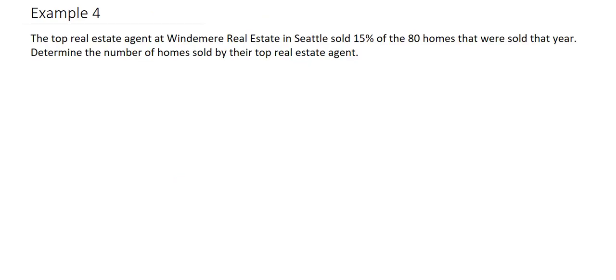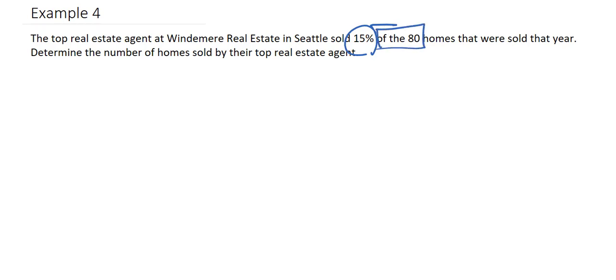Now, let's look at the fourth example. Example 4. The top real estate agent at Windermere Real Estate in Seattle sold 15% of the 80 homes that were sold that year. Let's determine the number of homes sold by the top real estate agent. Notice we have a percentage this time, and we do have of 80 homes.